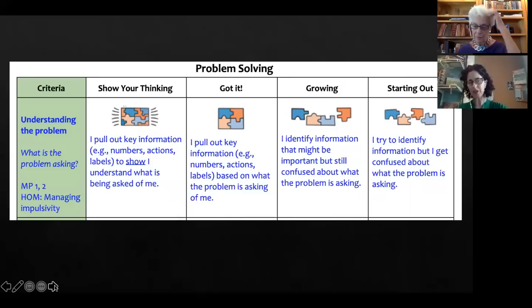So the intention of the criteria in green, understand the problem, and then the reflective question, what's the problem really asking me to do? The other part of this, especially from a classroom teacher and a student point of view, is that this particular district is very invested in habits of mind as well.